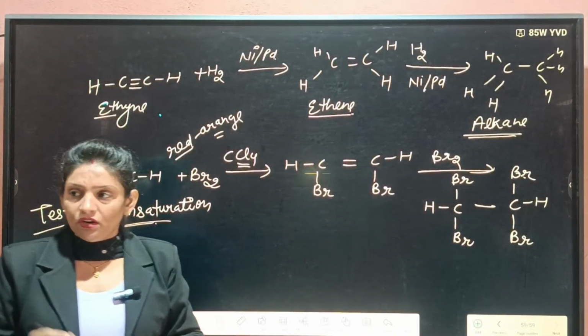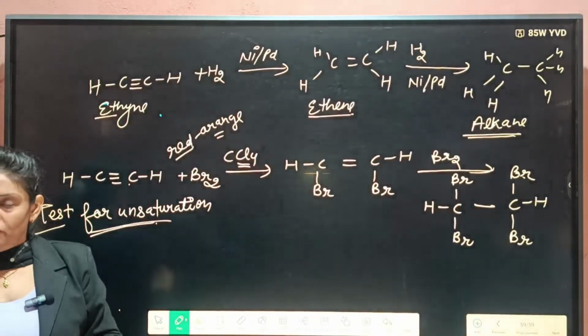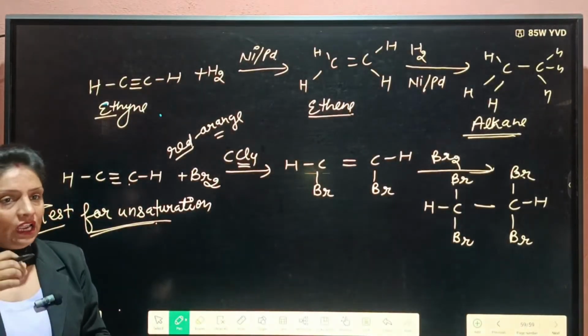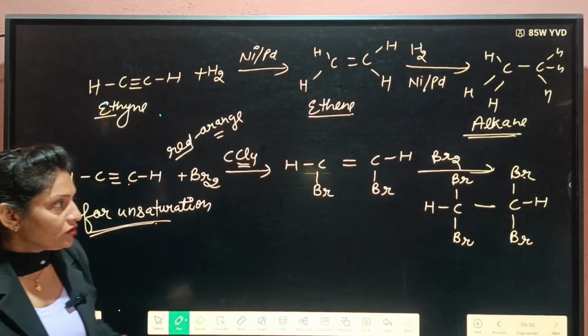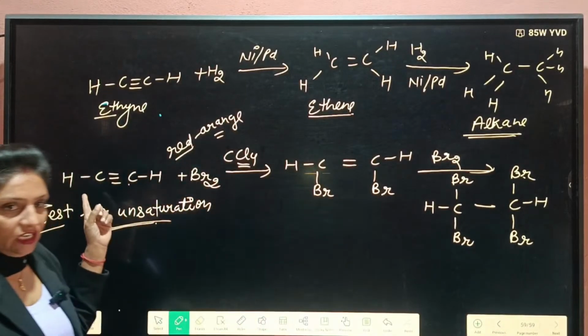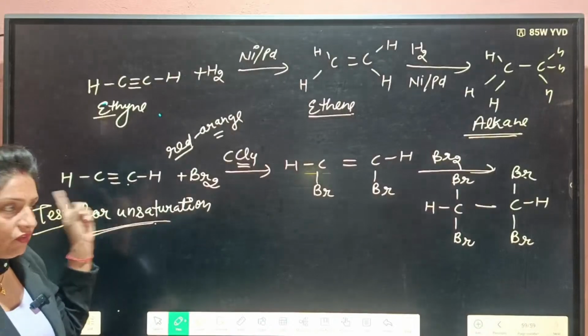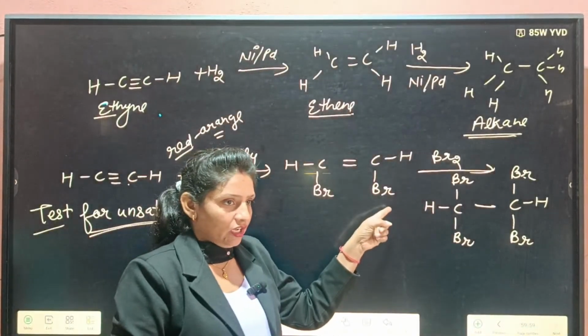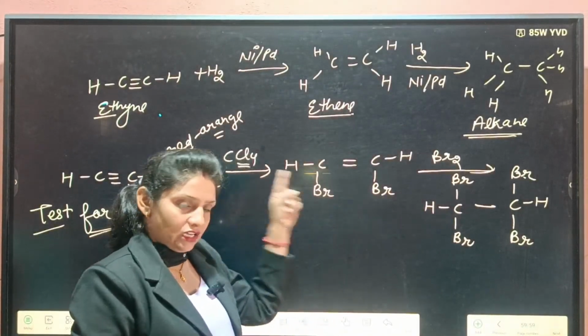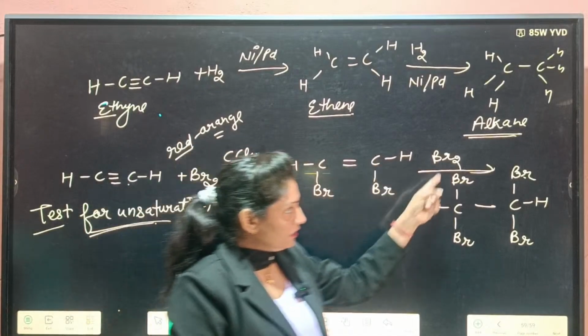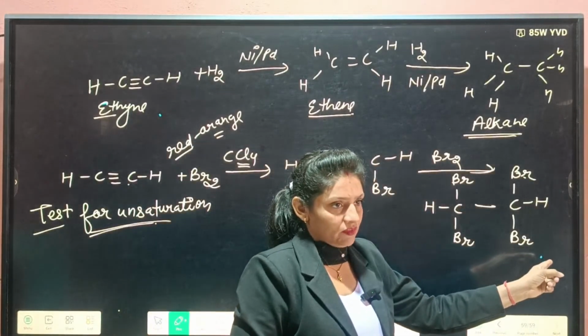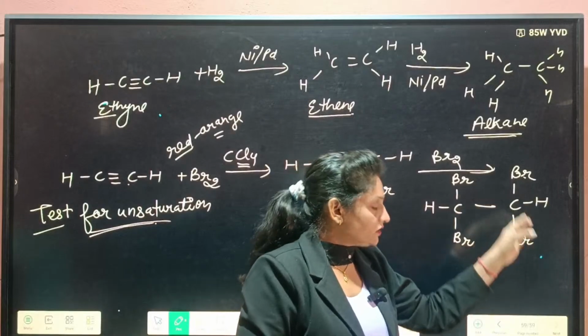But students, you add more. If it is further decolorizing, it shows that it was an alkyne. First the alkene will form and then the alkane. Clear or not? Then it is saturated.